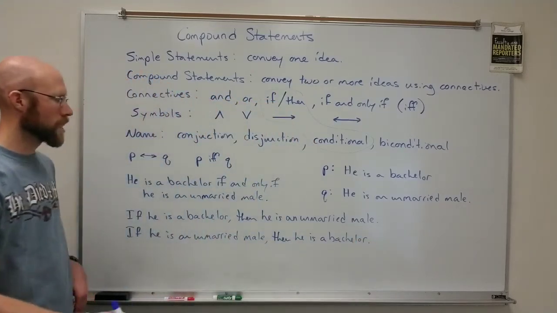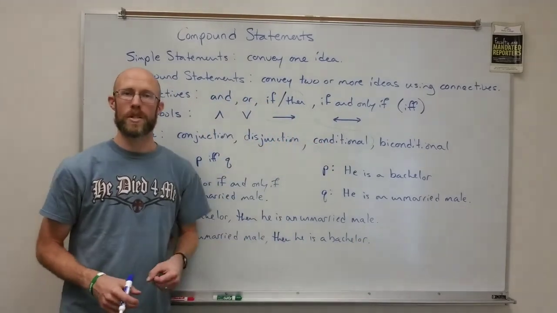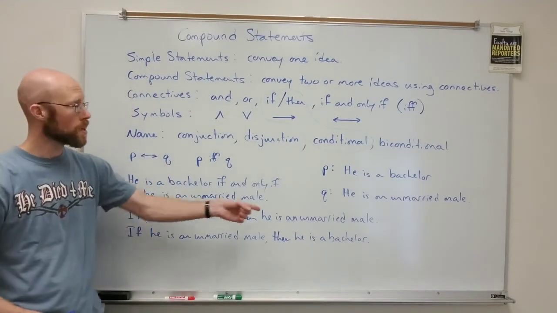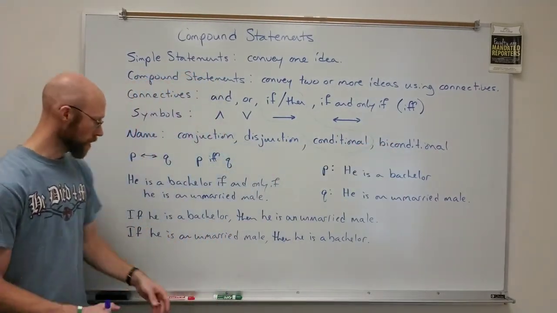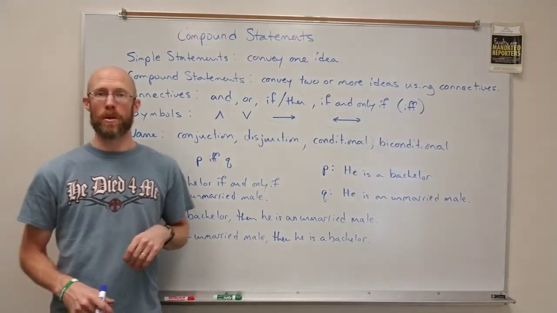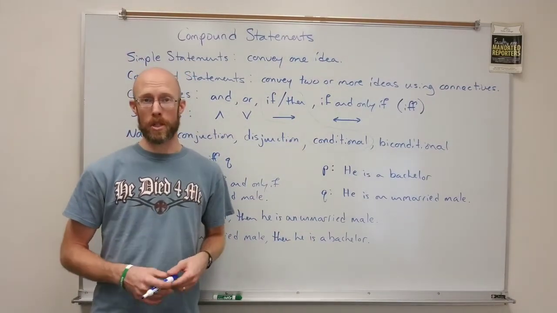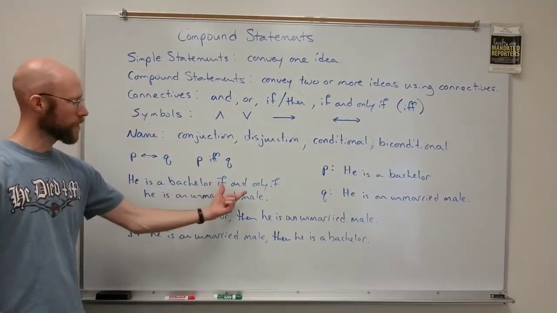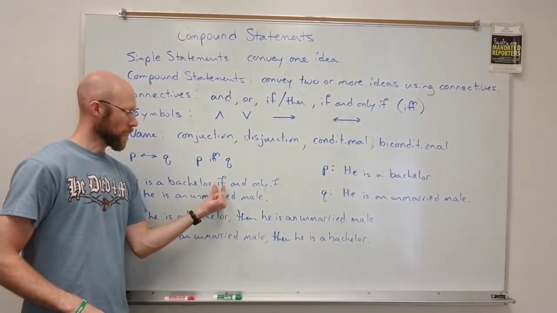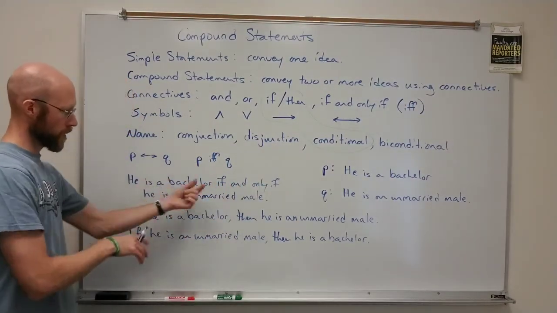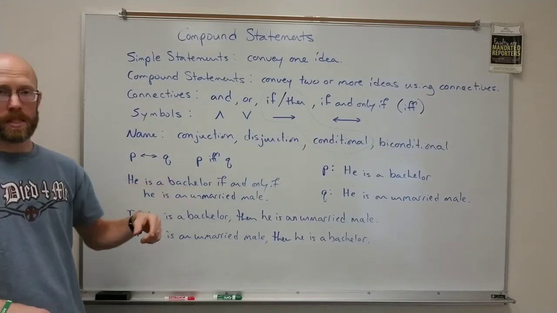Okay, so for a regular conditional statement, you only need one of them to be true. For a biconditional statement, both of them must be true in order for the biconditional to be true. Okay, the if and only if really means both directions. One of them means one direction, the other means the other direction.